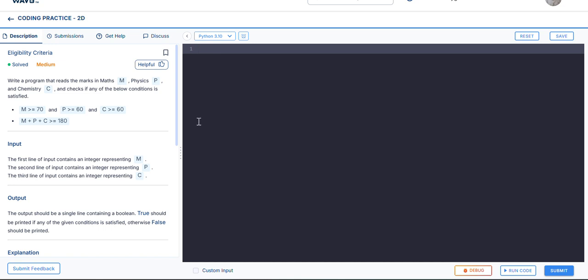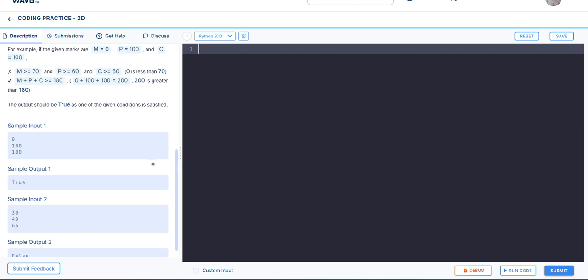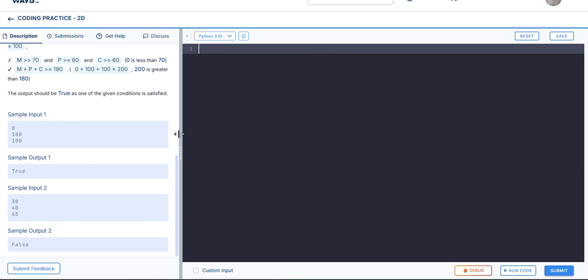There are three subjects: maths, physics, and chemistry. If any one of the conditions is true, we have to print true, else we have to print false.